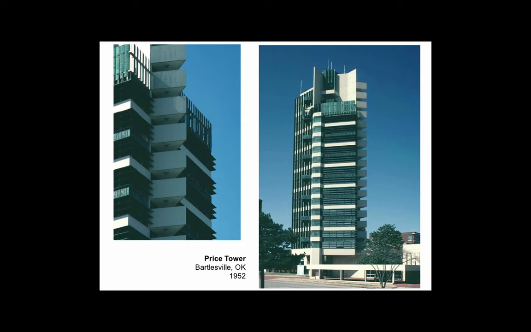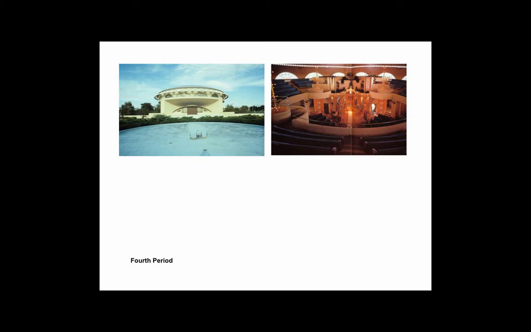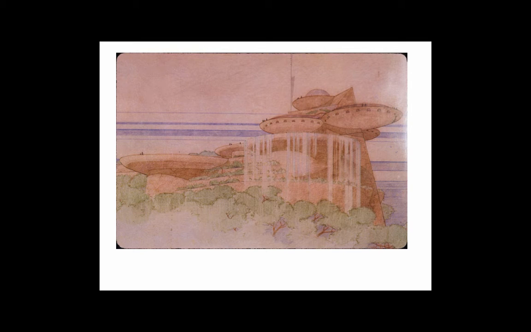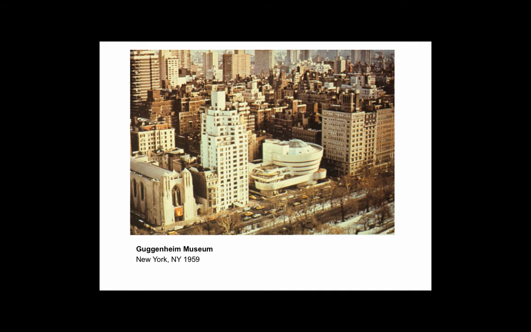And in the 1950s, he does some interesting projects, the Price Tower, an Orthodox church. This is a project for a home and club for 100 in Hartford, and the Guggenheim Museum.